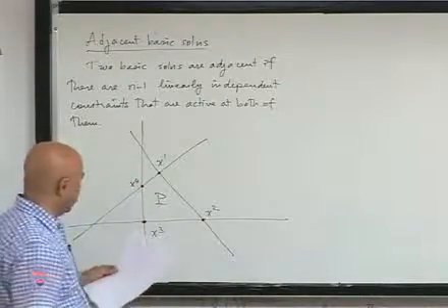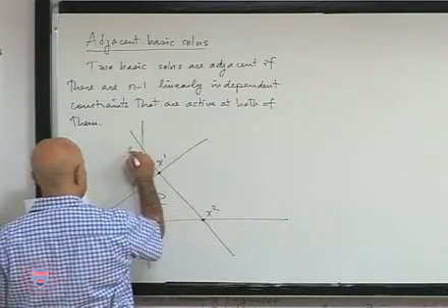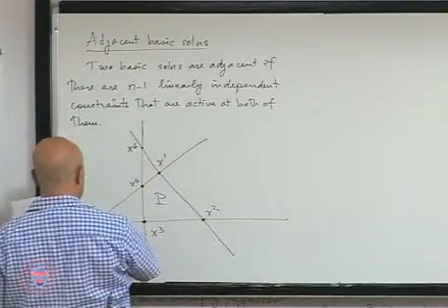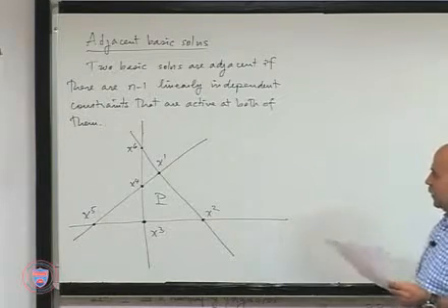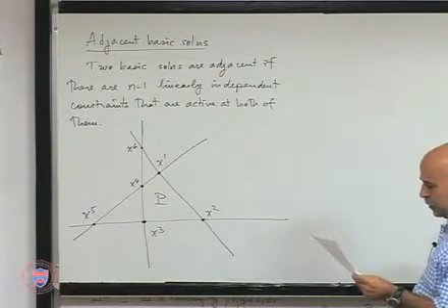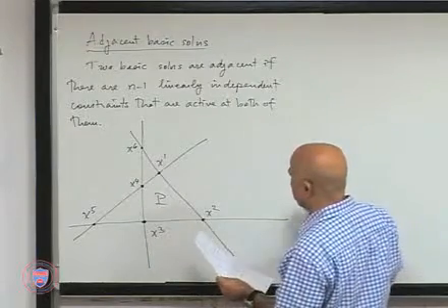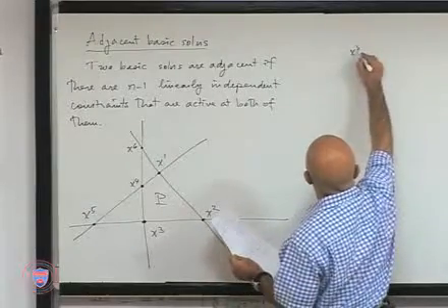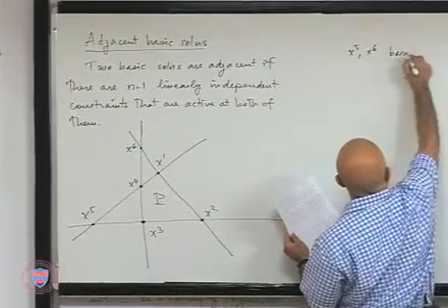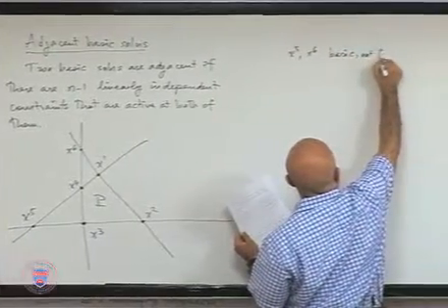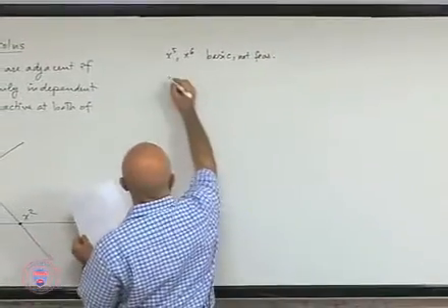These are the extreme points of P. And let's call x5 and x6 here basic solutions, points that are outside of the polyhedral set. So in this case, x5 and x6 are basic, but they are not feasible solutions. The remaining ones are basic feasible.